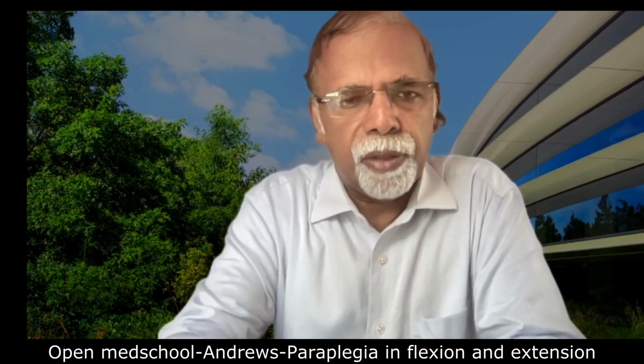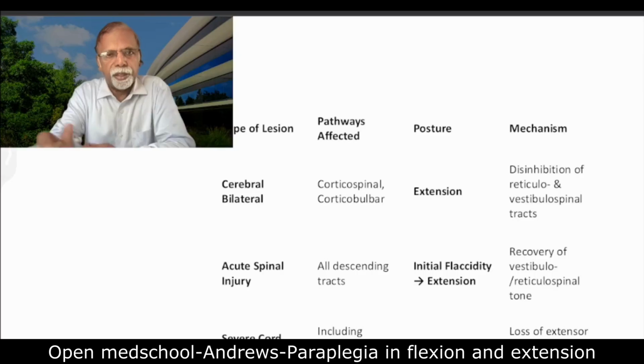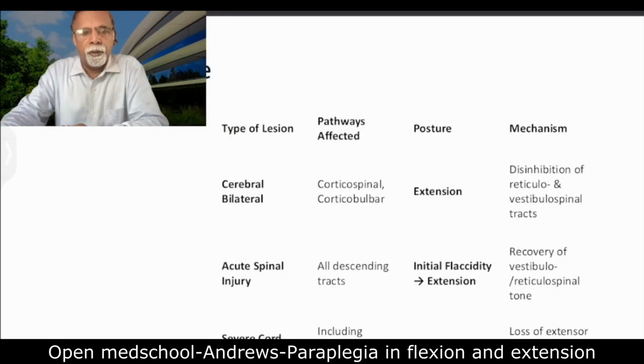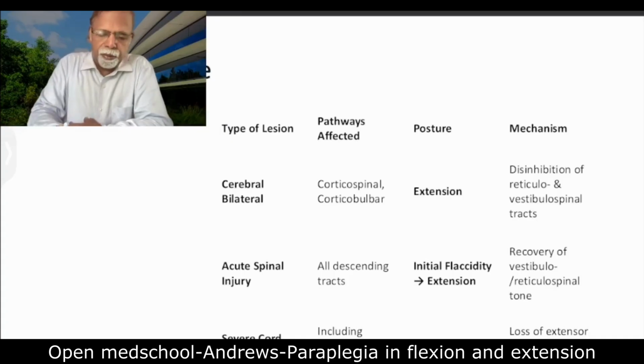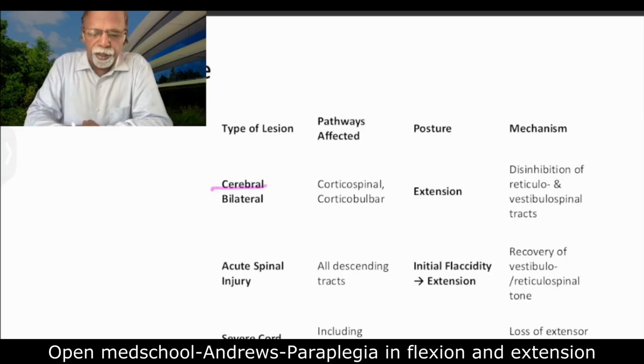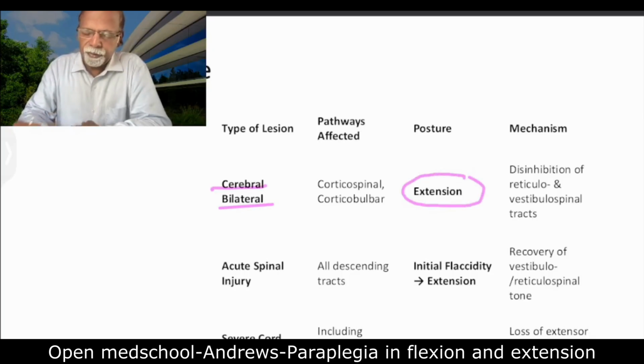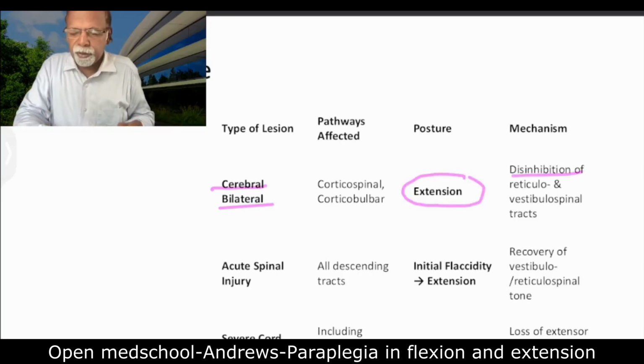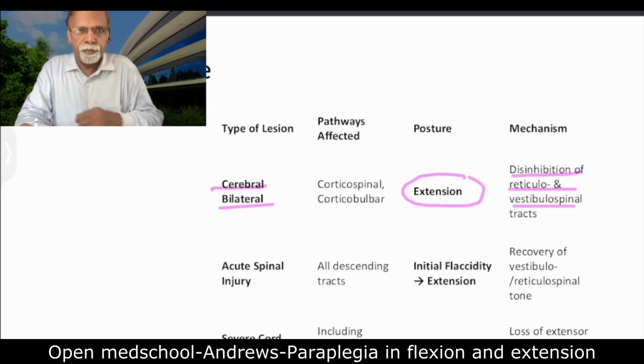Now we look into what are the differences between various types. So here you can see the bilateral cerebral lesion produces paraplegia in extension because of disinhibition of the reticulospinal and vestibulospinal pathways.